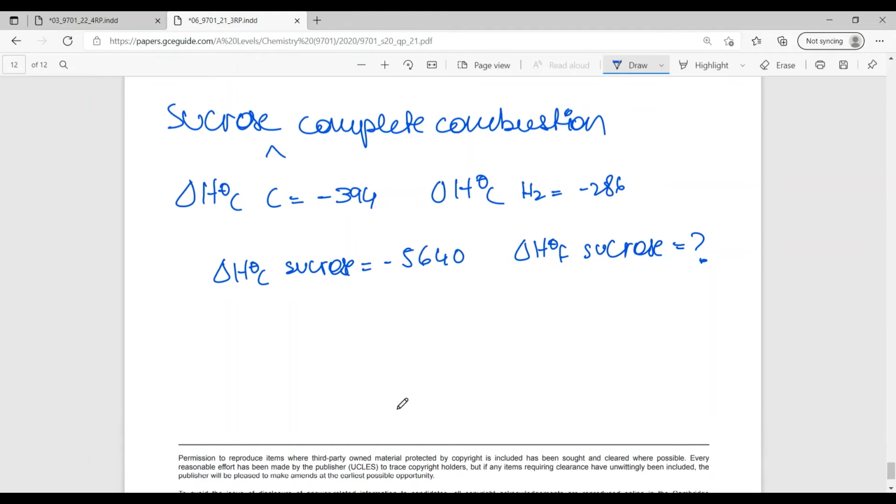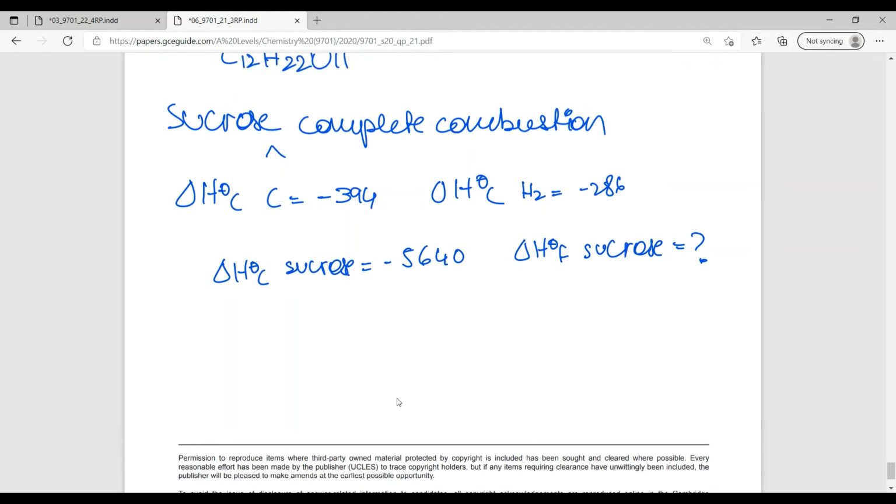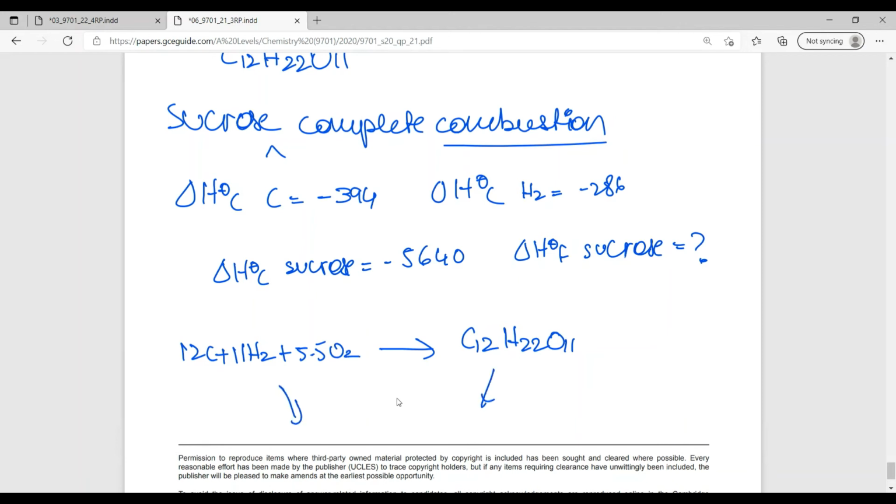Anyway, let's continue. So sucrose being formed from its standard elements, because it's a combustion cycle, right? So sucrose being formed from its standard elements and both undergoing complete combustion. So C12H22O11, from its standard elements, so that is 12C plus 11H2 plus 5.5 O2, which completely combusts to give CO2 plus H2O.